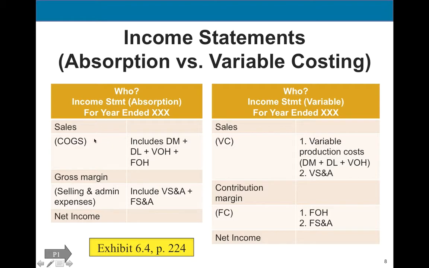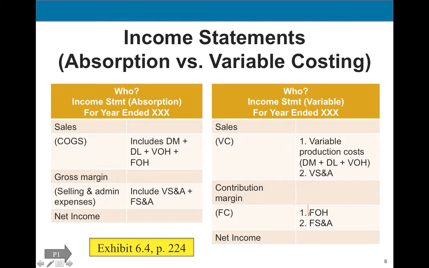This is your absorption income statement. This is GAAP. And this is the contribution margin income statement. We talked about it in chapter 5. This is non-GAAP, or this chapter calls it the variable costing income statement. Again, the only difference is in the placement of fixed overhead, really.